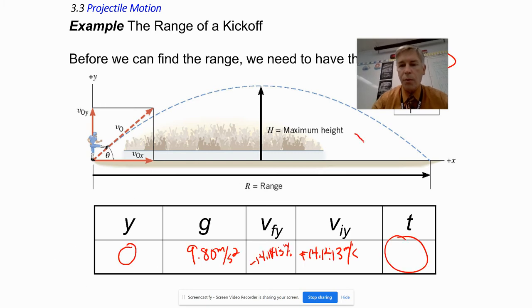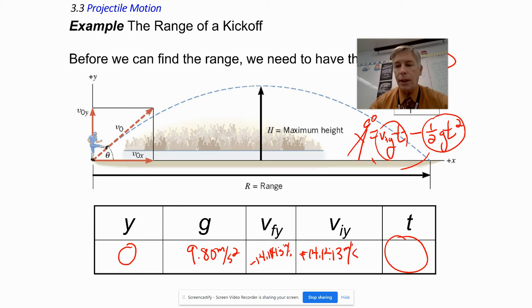I'm going to use the fact that y is equal to VIYT minus 1/2 GT squared. Now we've done this where VIY is 0, but it's not 0 anymore. It's this number, but y is 0. So here's the cool part. If y is 0, then these two pieces have to equal each other because I can bring this over to the other side.